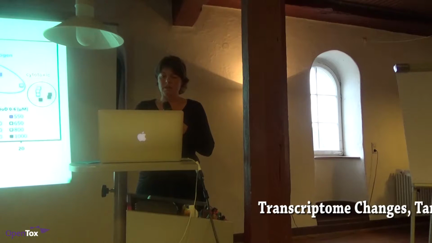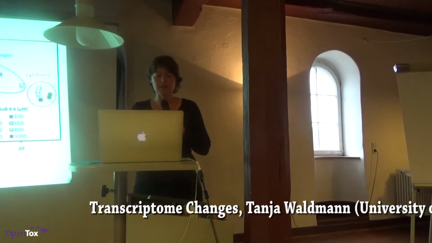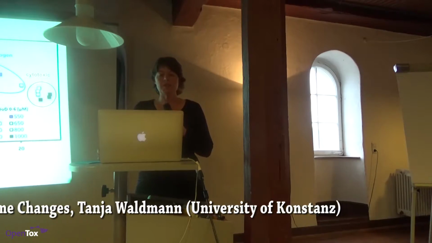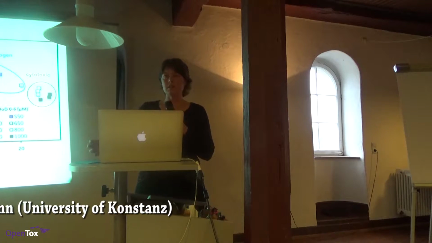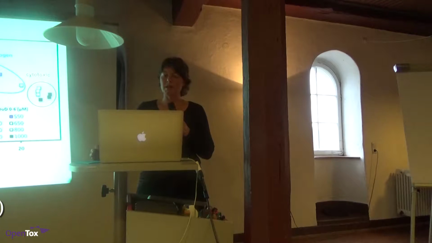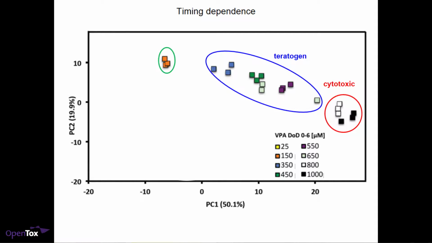And this is a simple example here. Here is again a PCA, again the treatment that you have seen before between day 0 and day 6. And if we treat our cells only the last 2 days, you can see in the PCA that the response is different, so these are not the same genes.